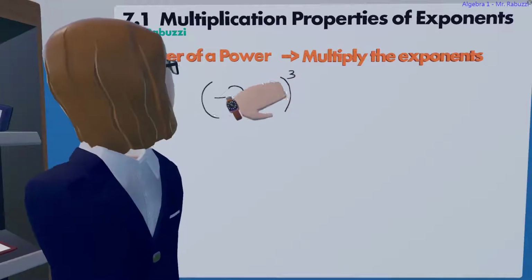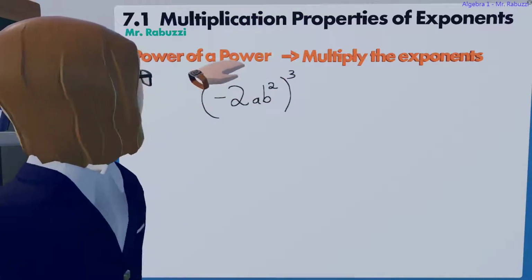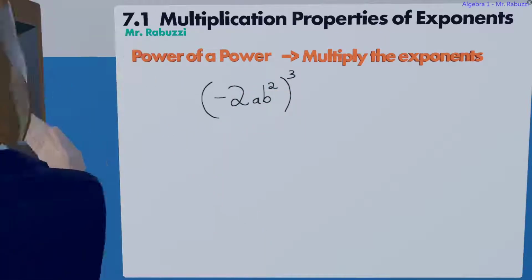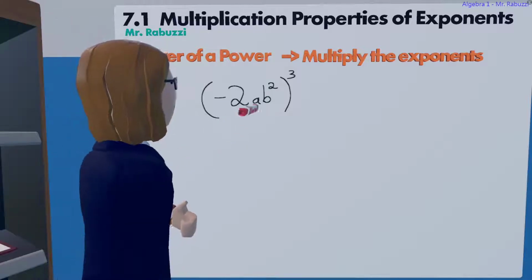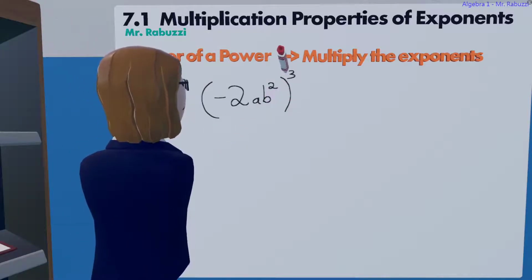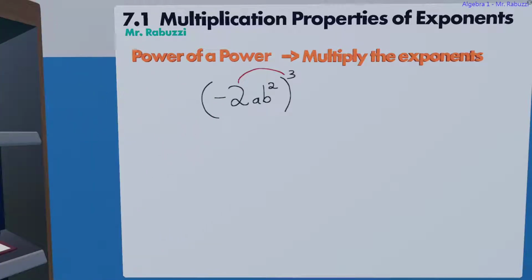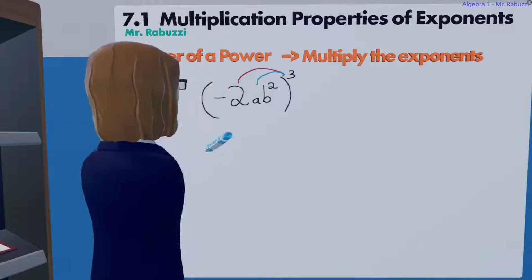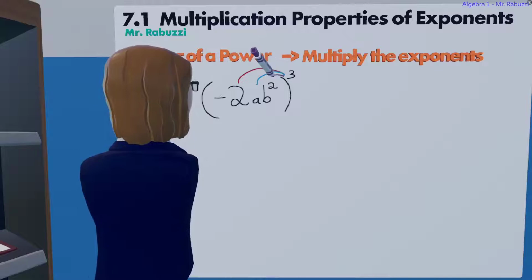This 3 exponent is the power of a power. And what that means, because it's on the outside of the parentheses, it needs to be distributed. So it's going to go to that negative 2, it's going to go to that A, and it's going to go to the B.